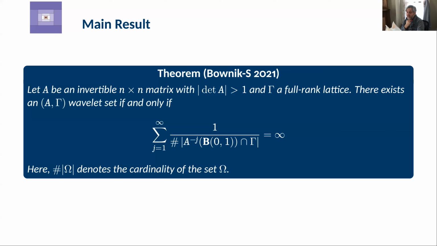And the answer to your second question is I find it very challenging to compute. So it's not easy. We do have a couple of other conditions that are easier to check. The sufficient condition for a wavelet set to exist is just that the limit of these cardinalities is finite.